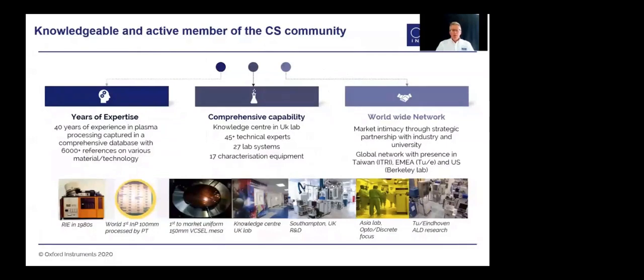So plasma technology itself has been almost like a founder member of the CS community. I myself have been working on compound semiconductors for over 20 years. First of all, gallium nitride, then indium phosphide, gallium arsenide, all the major compound semiconductor materials. So we've got years of expertise within the company, and we use that in the UK lab.